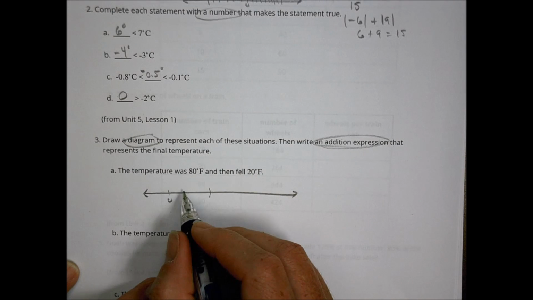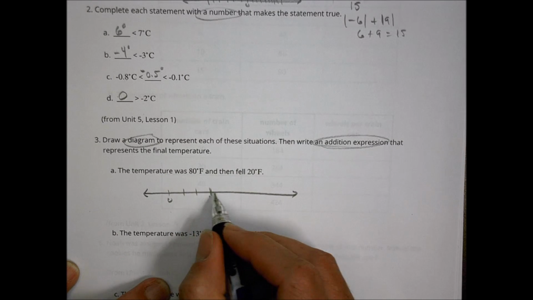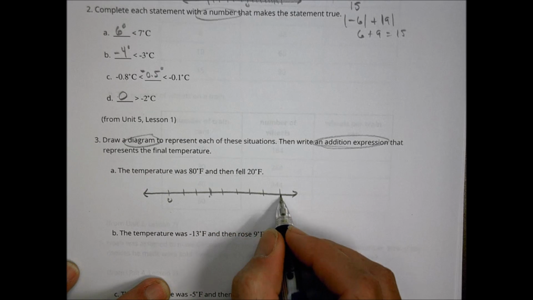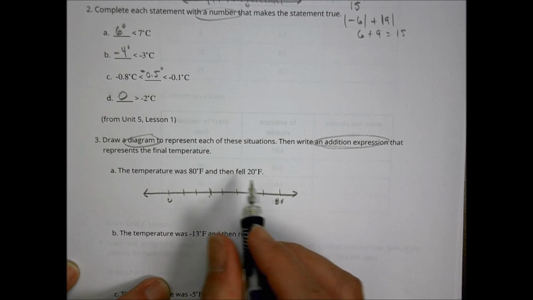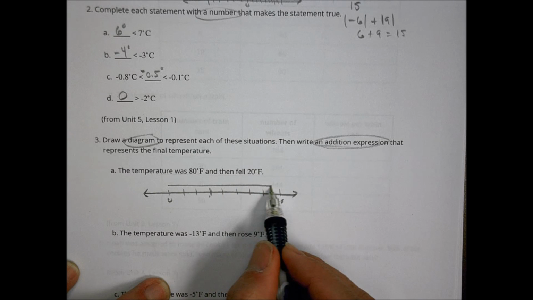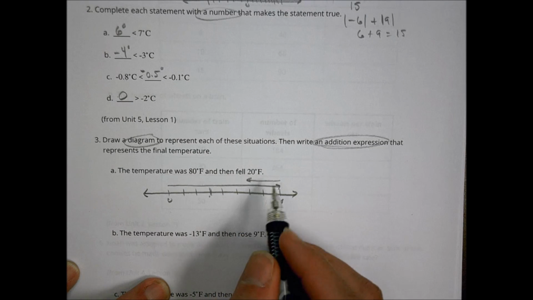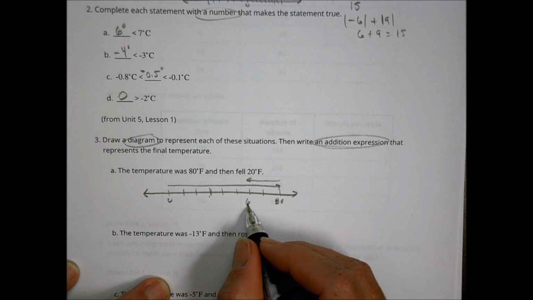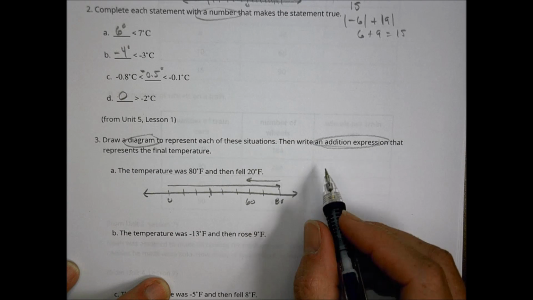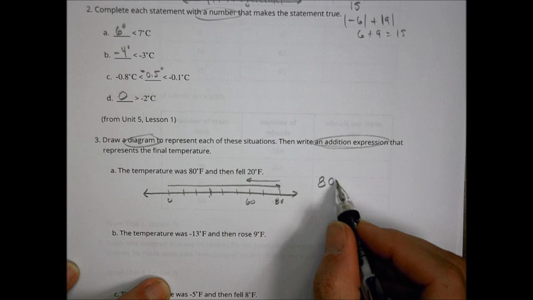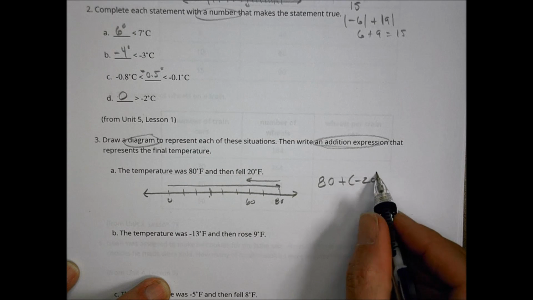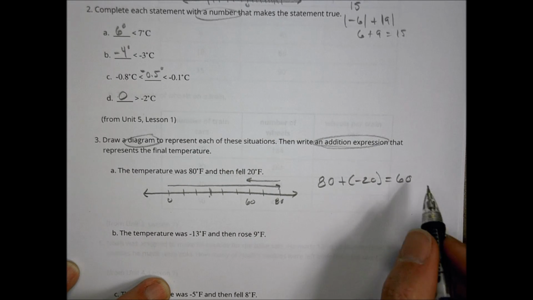We can go 10, 20, 30, 40, 50, 60, 70, 80. Okay, so the temperature was 80 degrees there, and then fell 20 degrees, 10, 20 to there. So we fell 20. So as an expression, this is 80 plus -20, which equals 60.